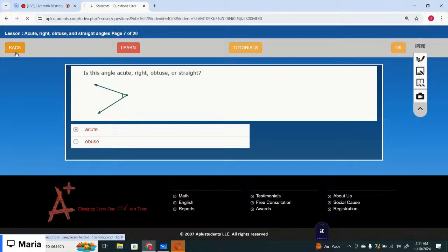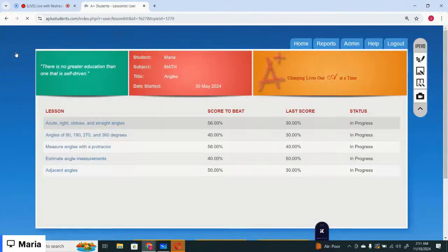Okay, you can complete the lesson by yourself later today. Let's just move on to next lesson. The next lesson is angles of 90, 180, 270, and 360 degrees.